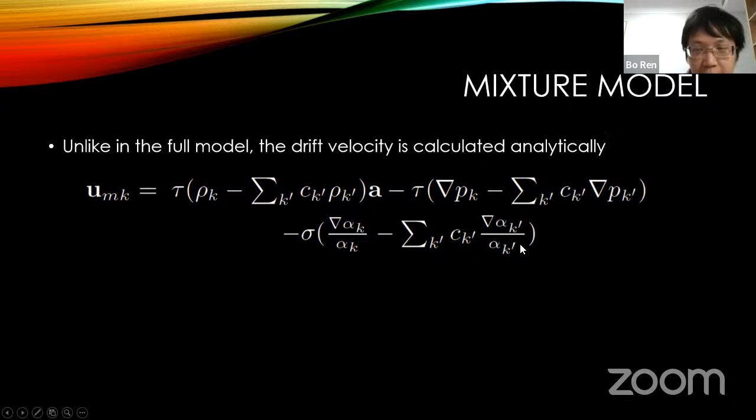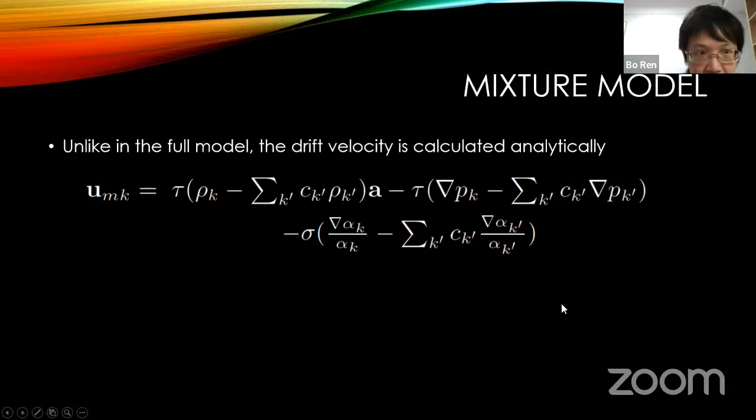This may look quite complicated, but each of the terms in it can be calculated analytically, such as the phase density, which we can assume is constant, and the phase pressure, which we can compute from the particle pressures in the SPH, and these are the volume fractions and mass fractions. So this drift velocity can be calculated analytically.